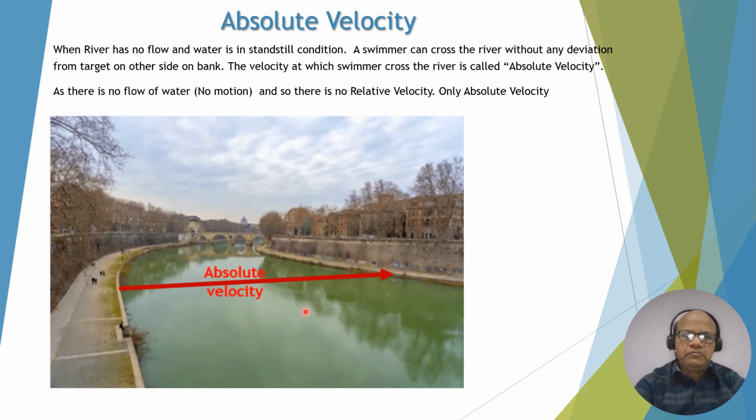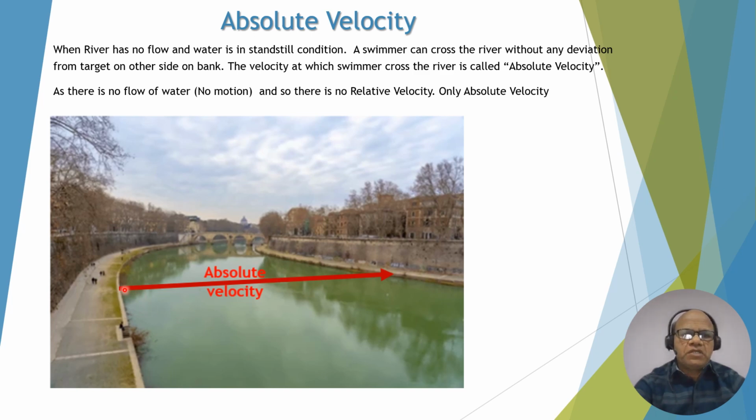Since there is no flow or motion of water, there will be no motion on the swimmer's body, and that is why whatever the velocity of the swimmer is, it is the absolute velocity, and it has no deviation or relative velocity.